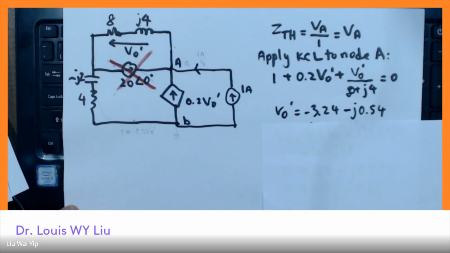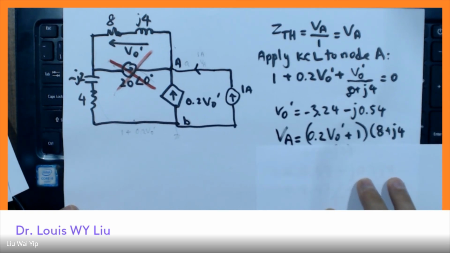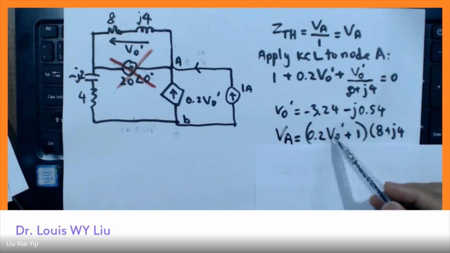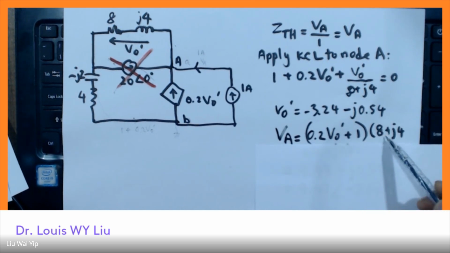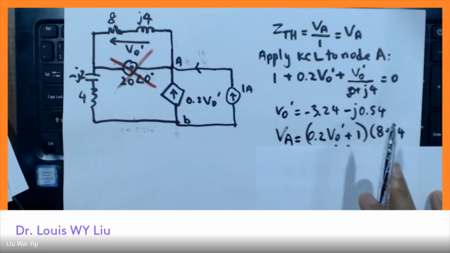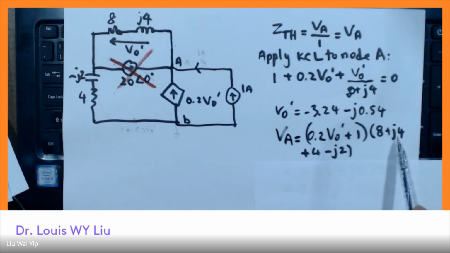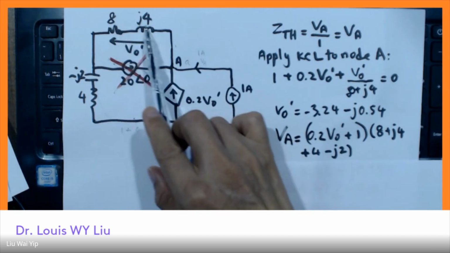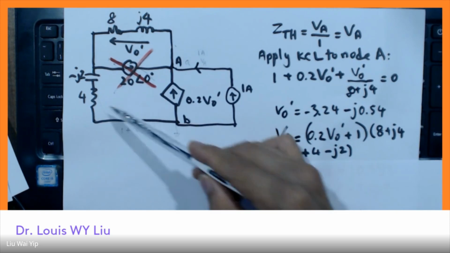Okay, so this is the next step that we are going to get: 0.2 V0 pound plus 1, times all the impedance around the loop, which is 4 plus j4, which is this impedance, 4 minus j2, which is this one.